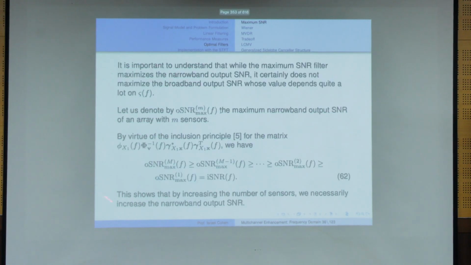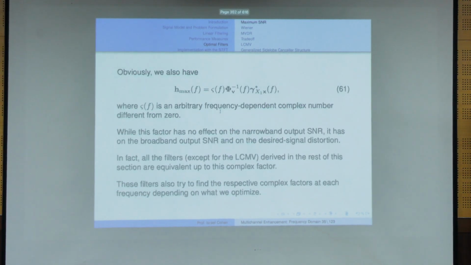So I can compute the output SNR in the expression that we saw before, and this value zeta, we can cancel in the expression of the output SNR, just like we saw.